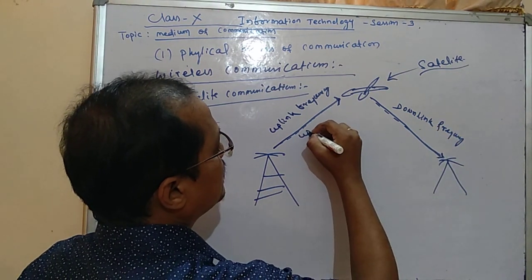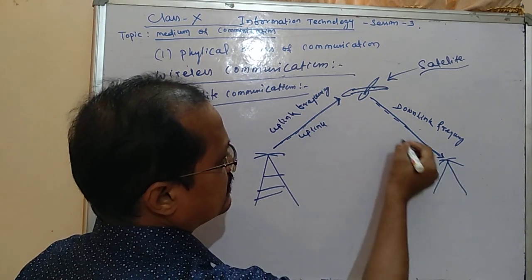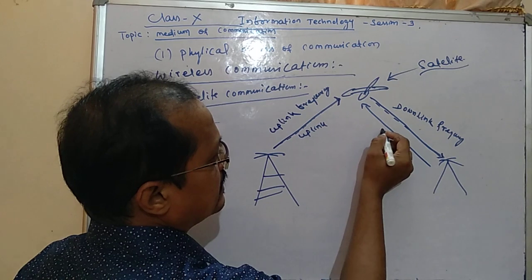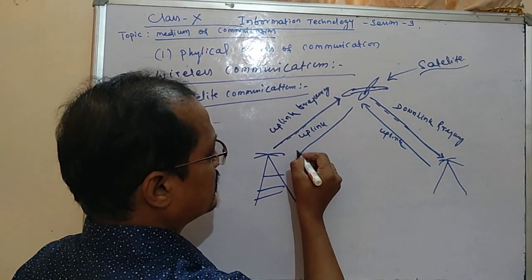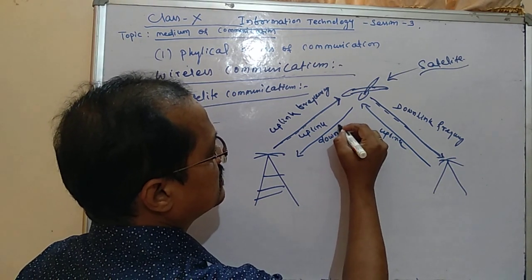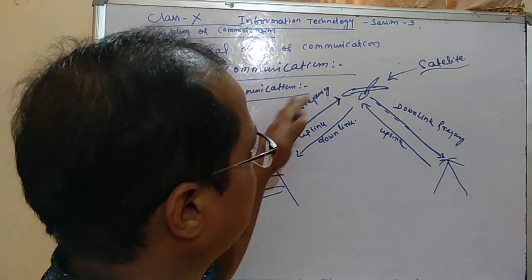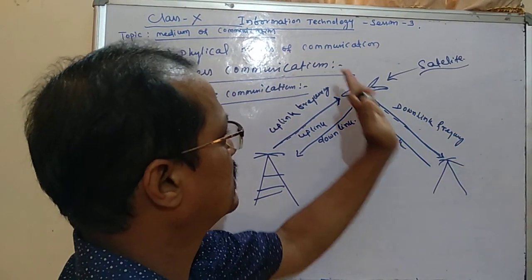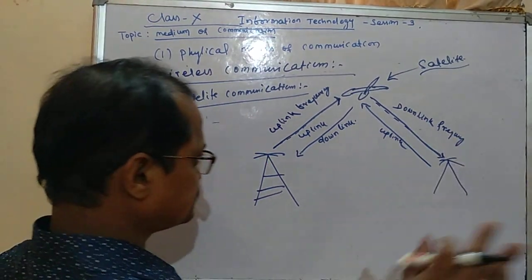This is uplink. Similarly, when data comes from it, this will be uplink and this will be downlink. So in this way two-way communication occurs. Uplink, downlink, again uplink and downlink. In this way the communication occurs through the satellite.